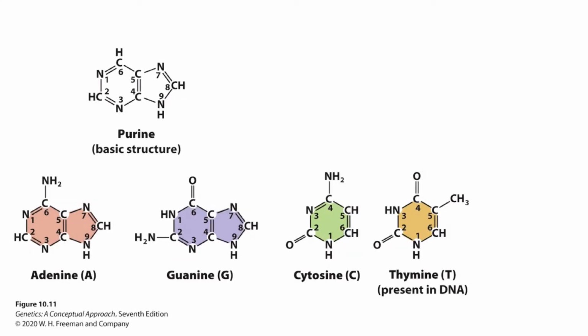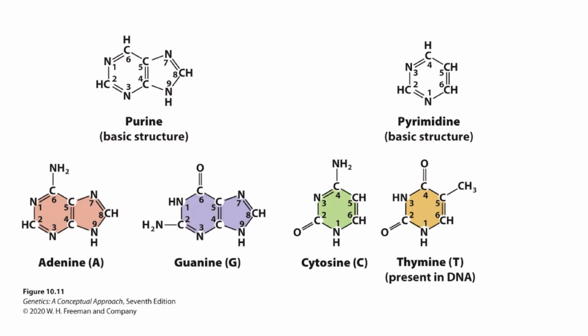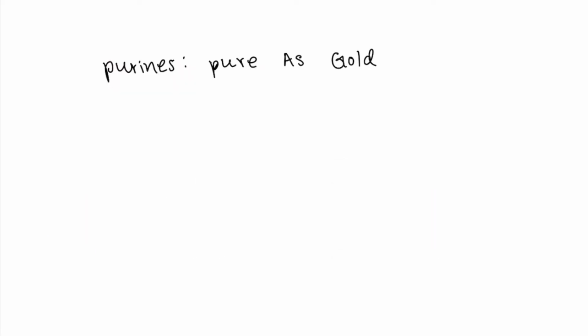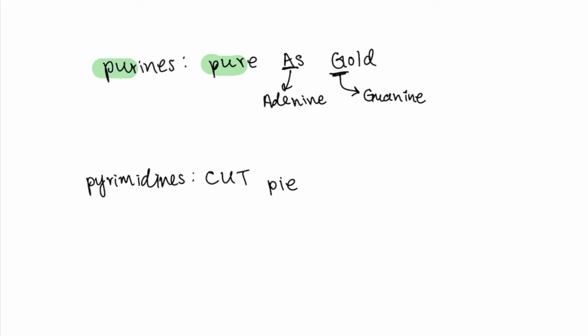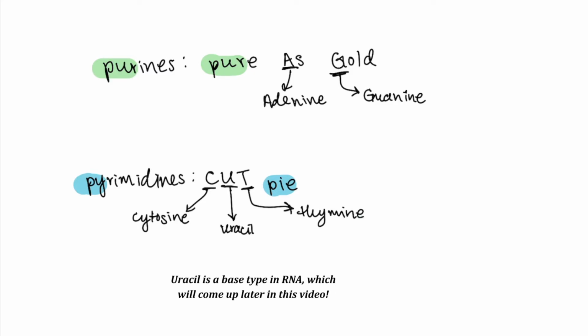The first being purines, which include adenine and guanine, and pyrimidines, which include cytosine and thymine. Note how purines always have 2 rings, whereas pyrimidines only have 1 ring. Purines can be remembered by the mnemonic "pure as gold," while pyrimidines can be remembered by the mnemonic "cut pi."